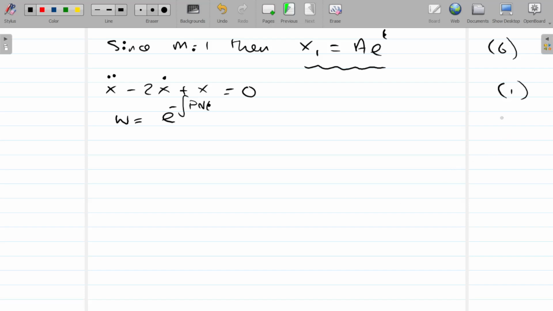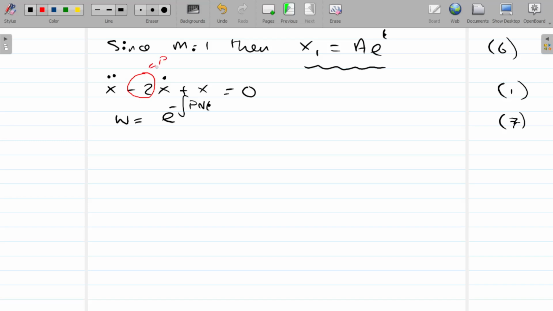So we've got equation 7 here. Now what is p? Well, if we look at equation 1 here, we see that p is equal to minus 2.